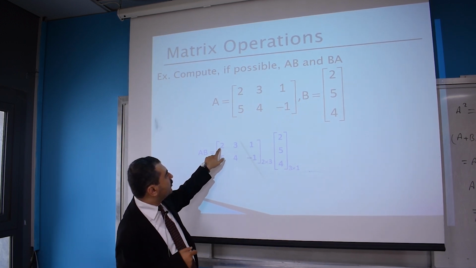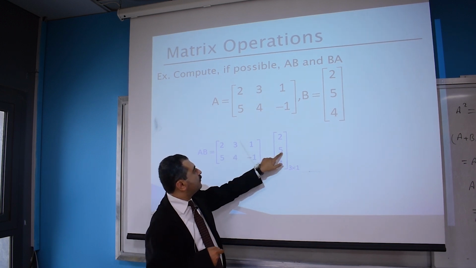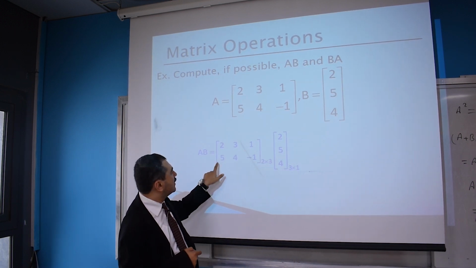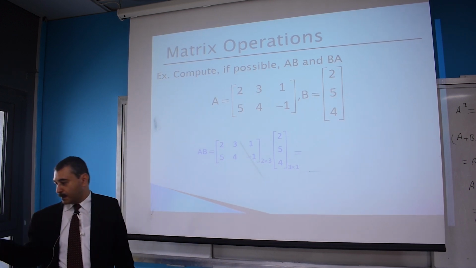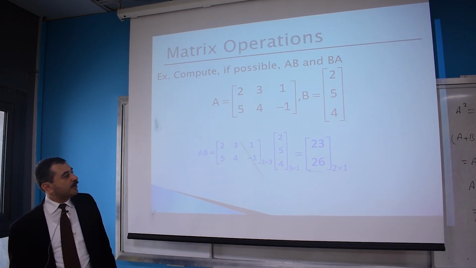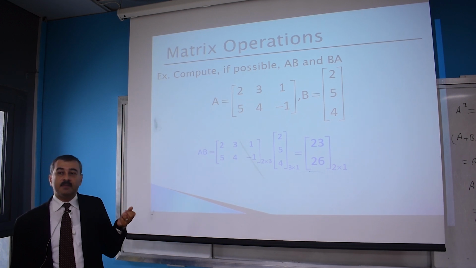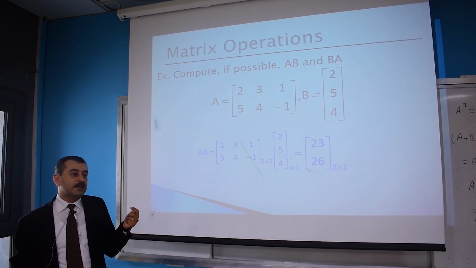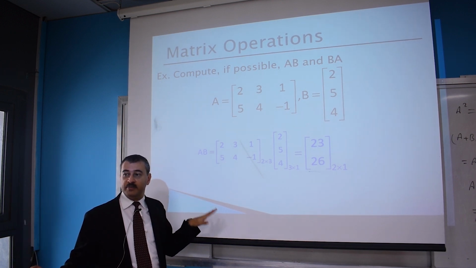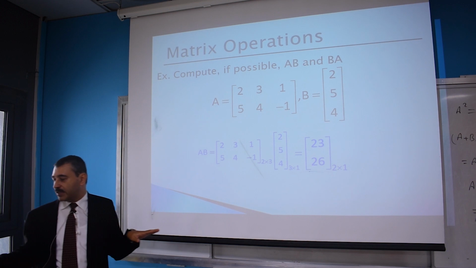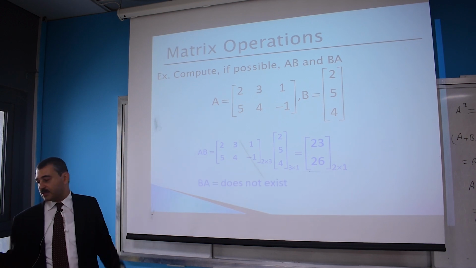So the first entry would be 2 by 2 plus 3 by 5 plus 1 by 4. The second, 5 by 2, 4 by 5, negative 1 by 4. What about BA? It won't work, right? BA does not exist from the dimension point of view. So you can't find BA. BA does not exist.